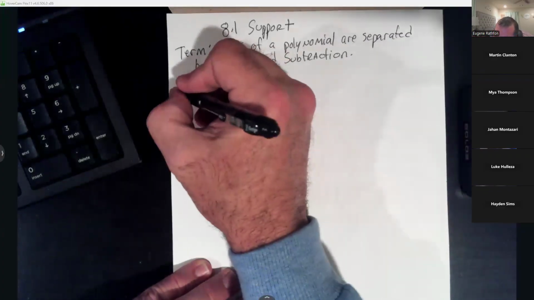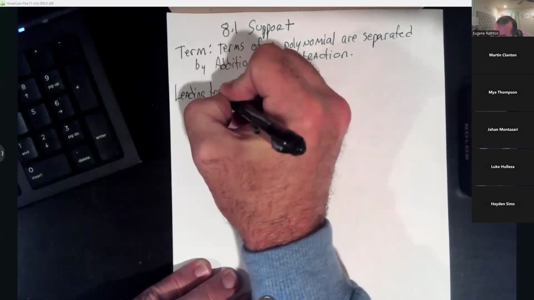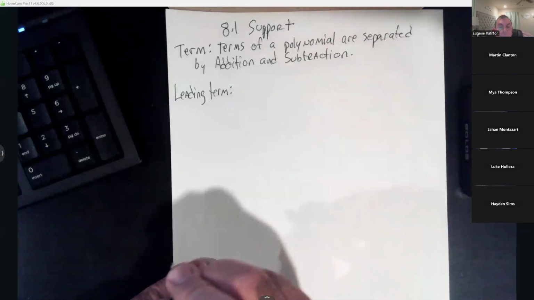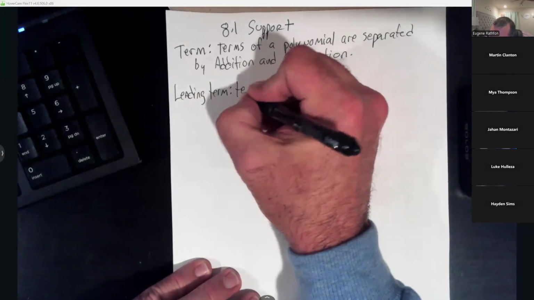All right, then we need to know what the leading term is. Well, that's the term with the highest exponent.